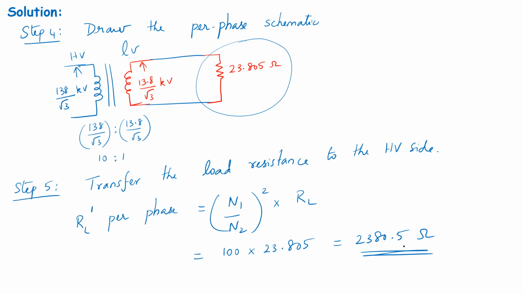So this solves the first part of the question, which is to identify the load resistance when transferred onto the HV side of the winding. Now, what happens if we change the connection type? So this is part B, Part 2.